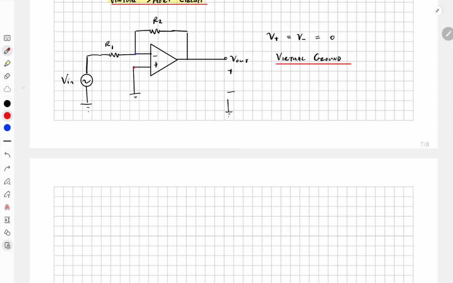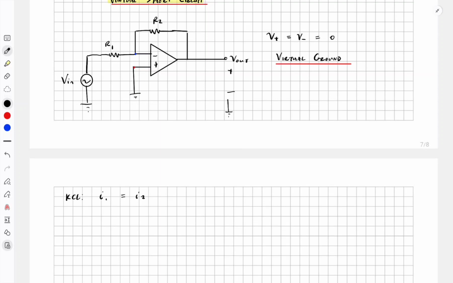So we can just do a KCL where I1 equals I2. Let's call this one I1, this one I2, because there's no current going into the negative input terminal.